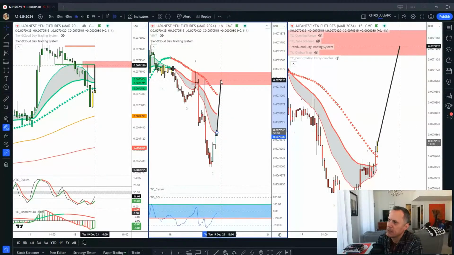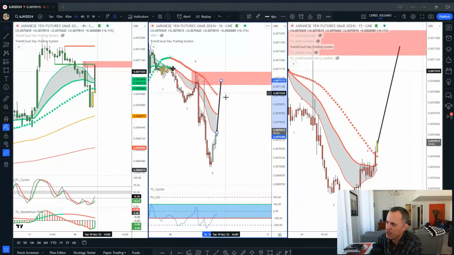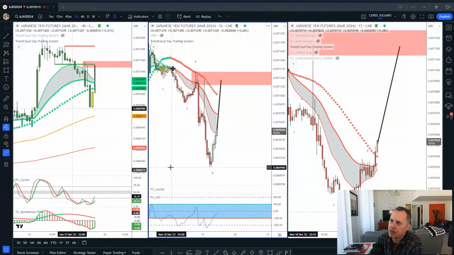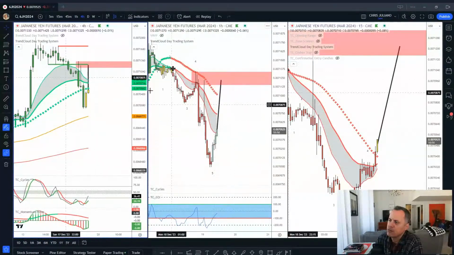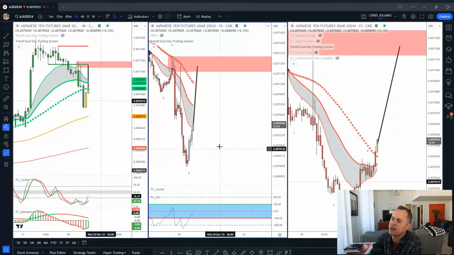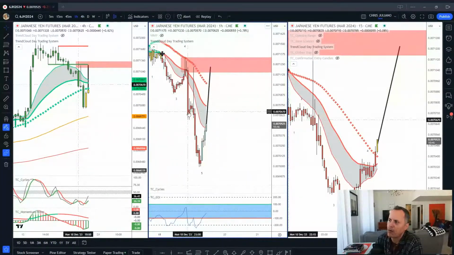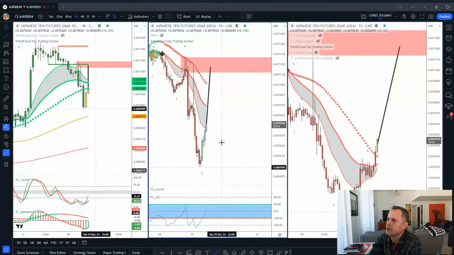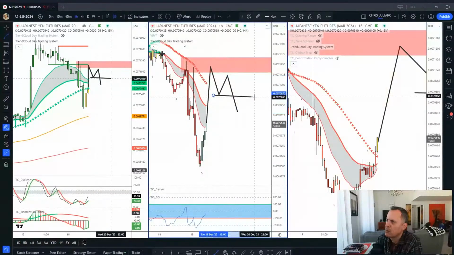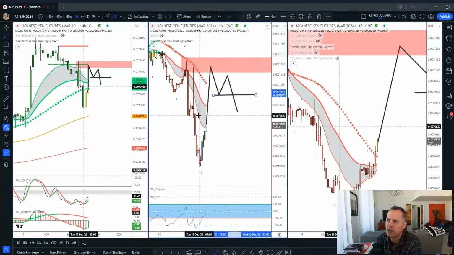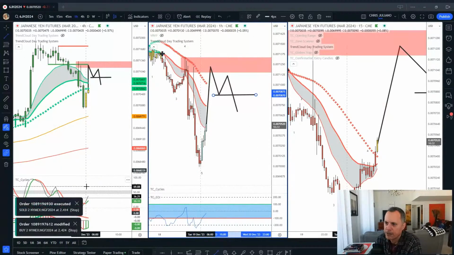We might get another shot at this if it pulls back up into here. But we've got to have momentum on our side, right? It's got to do a little bit more. Maybe it does something like this, and then at this point right here, now we can start shorting this thing, right?